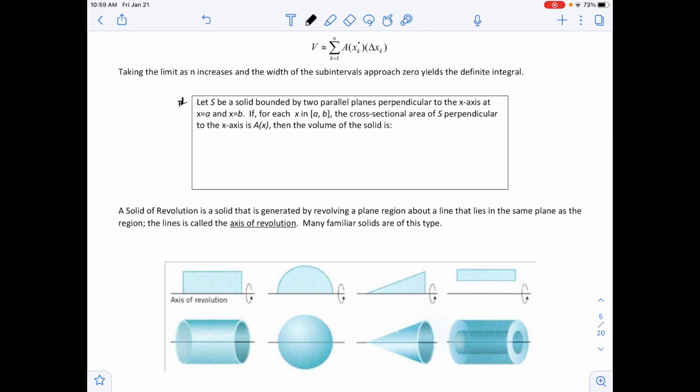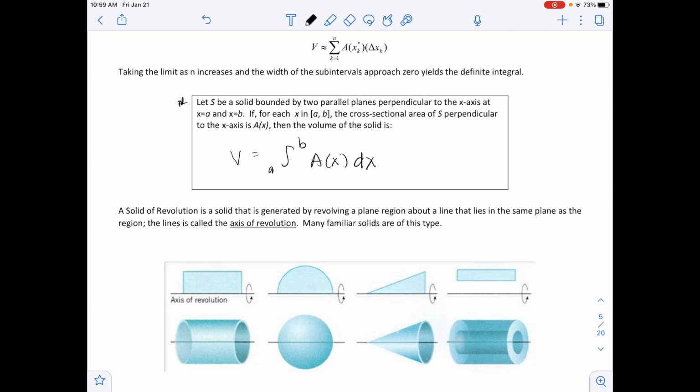Let S be a solid bounded by two parallel planes perpendicular to the x-axis, at x equals A and x equals B. If for each x in [A, B], the cross-sectional area of S perpendicular to the x-axis is A of x, then the volume of the solid is going to be the integral from A to B of that area times that width. And again, this is for the whole part in between the values of A and B.